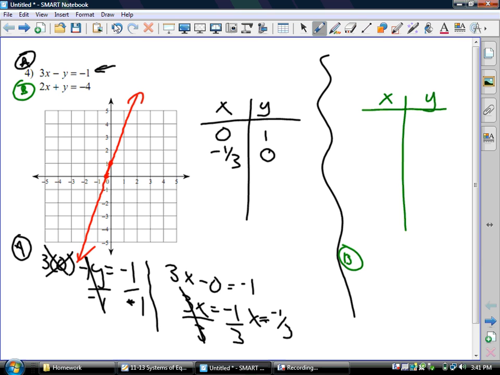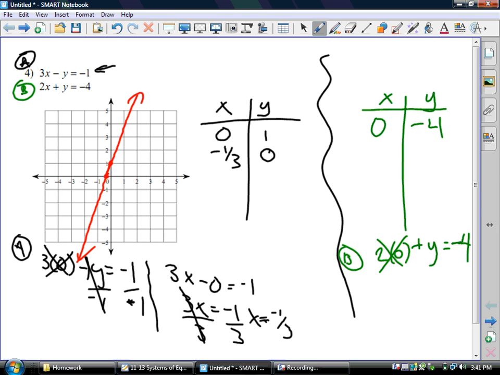Yeah, using which numbers? 0, yeah. So let's do when x is 0. So 2 times 0 is what? 0. All right. So it's just y equals what? You're done. So x is 0, y is -4.